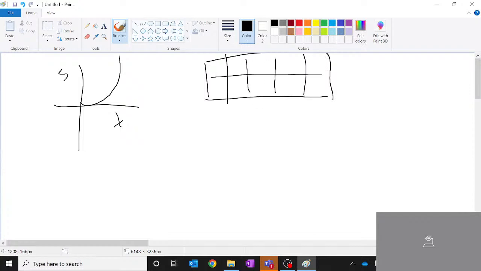On the x-axis you have t, on the y-axis you have s. Let's say this is t square, so you have 0, 0; 1, 1; 2, 4; 3, 9, because it is t square. That is how you plot it on the graph. Clear? Understood?